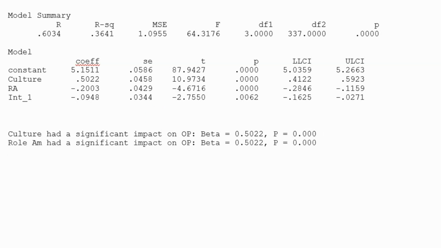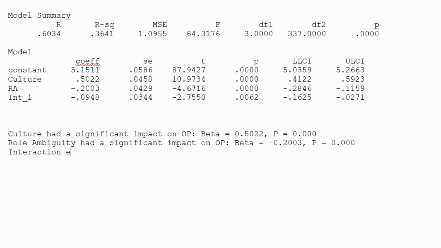Role ambiguity had a significant impact on OP, and the beta value was minus, and the p-value was less than 0.001 or 0.000.